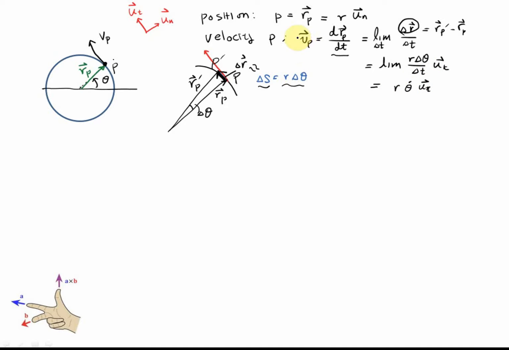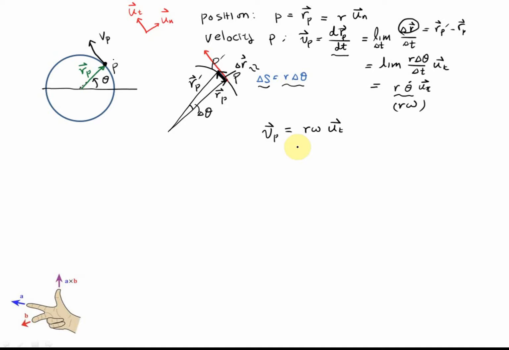So I know that my velocity Vp at this time is determined by r theta dot, which is r omega, and the direction is the tangential direction ut. So the velocity of p is r omega ut.